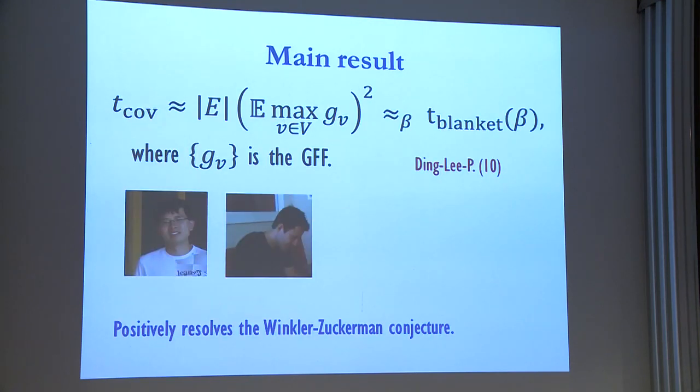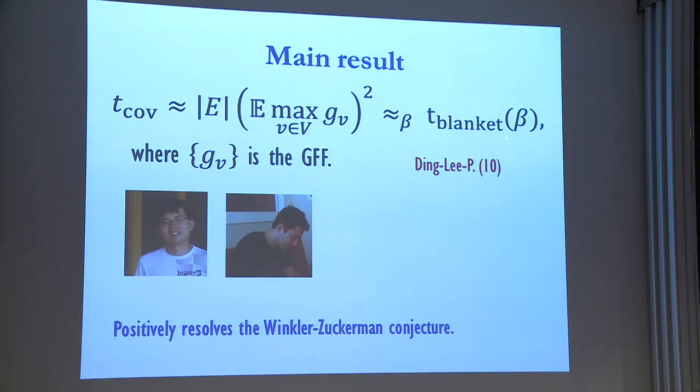Our theorem, which answered both the Aldous-Fill question and the blanket time conjecture of Winkler and Zuckerman, was obtained in 2010 and published in Annals of Math in 2013. It says the cover time is equivalent, up to constants, to the number of edges times the sup of the Gaussian free field on the graph, squared.